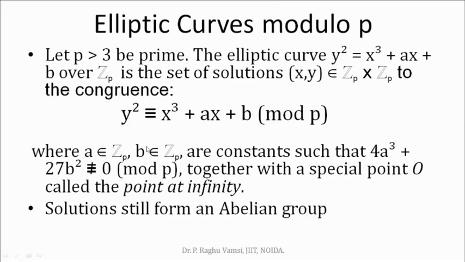The a and b values are to be chosen in such a way that if you substitute them in 4a cube plus 27b square, that value should not equal 0. This is the non-singular equation to be considered. So this is the standard equation for the elliptic curve.